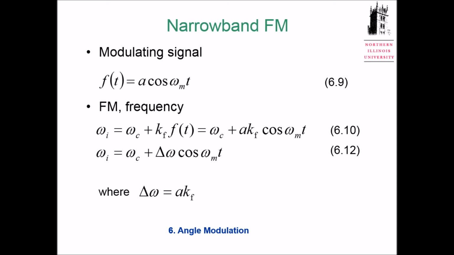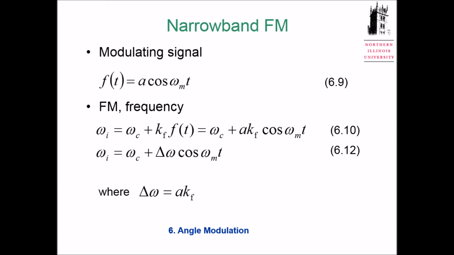Now I substitute my message into it. I get omega i is omega c plus A Kf cosine omega m t. A cosine omega m t is my message. So we just follow it.